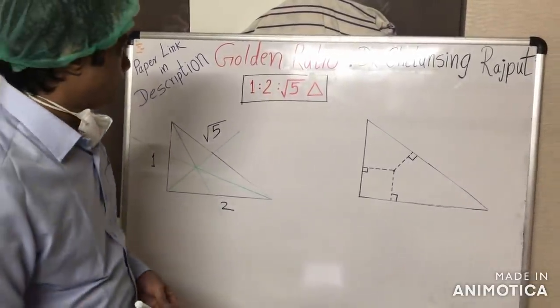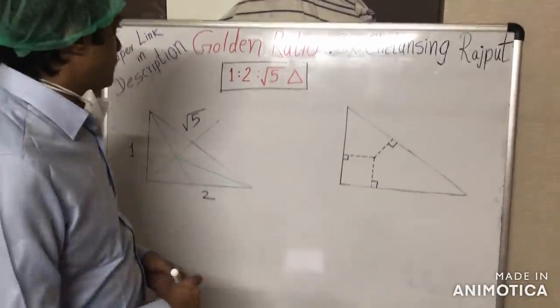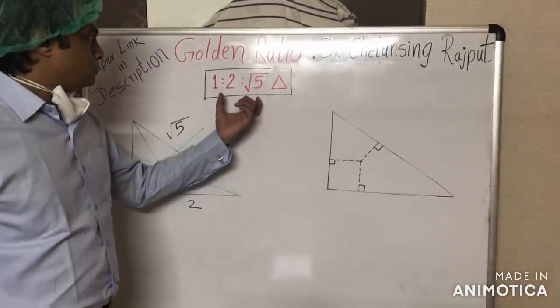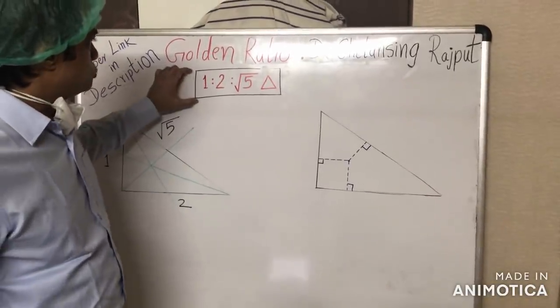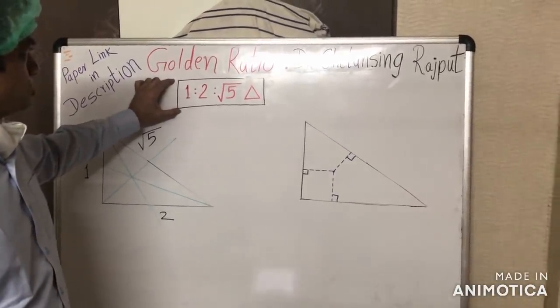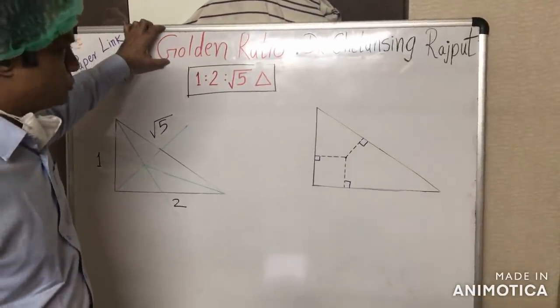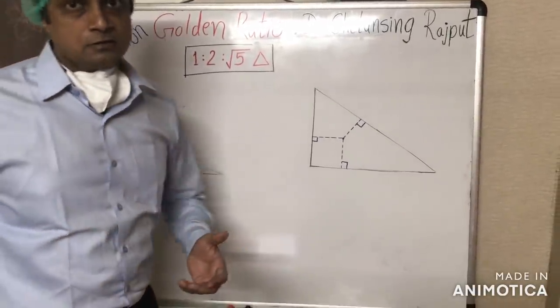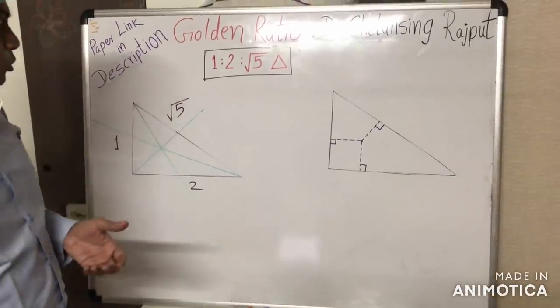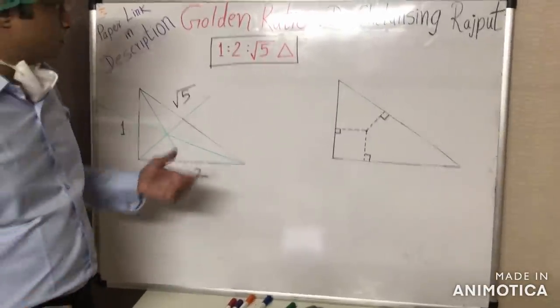Hello. So far we have seen how the special right triangle, the 1 to root 5 triangle, is closely associated with the golden ratio. In this part, I will elaborate some other golden features of this triangle.